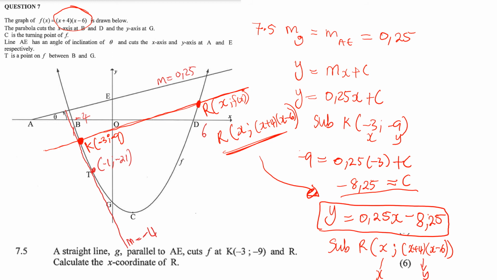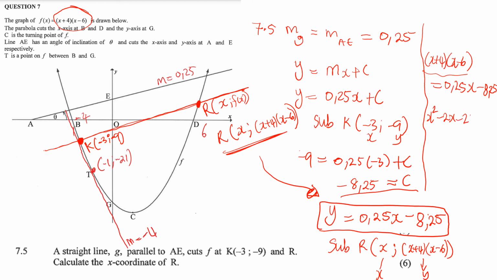So where there is y, we are going to put x plus 4 into x minus 6, equals to, where there is x, we have to put x, so it will remain like that, minus 8.25. Then we simplify that equation. It's going to be x squared plus 4x minus 6x, which is minus 2x. 4 times minus 6 will be minus 24.